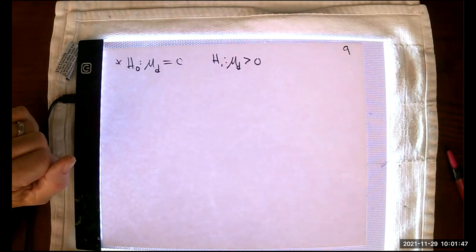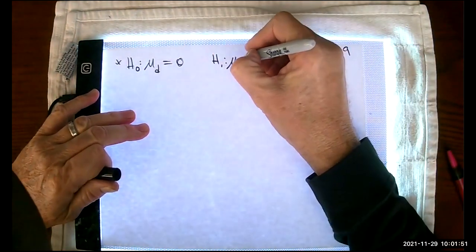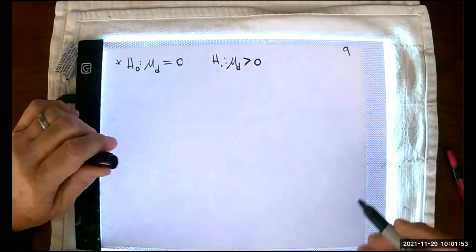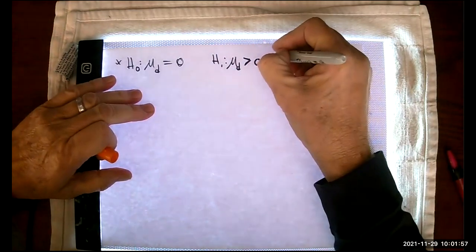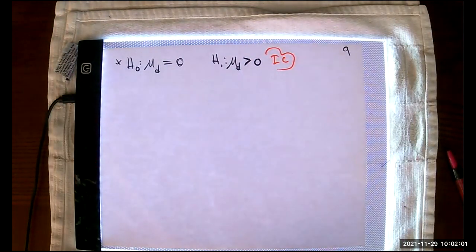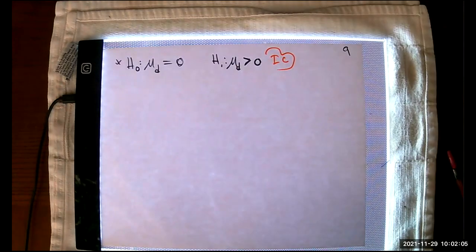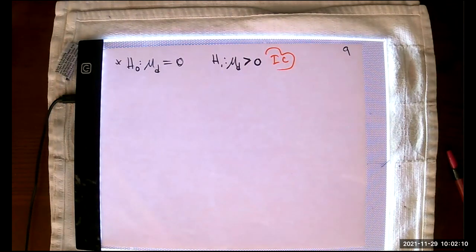There, mu sub d equals 0. Mu sub d is greater than 0. And again, I will note that I've got my initial claim. That's the claim of effective treatment right there. So let me jump over to my calculator and we'll show you how to deal with this type of data.